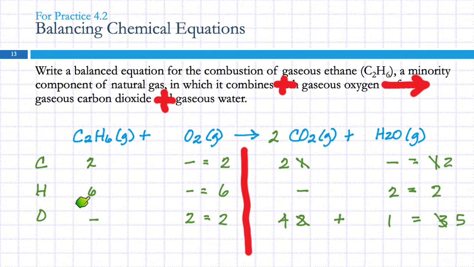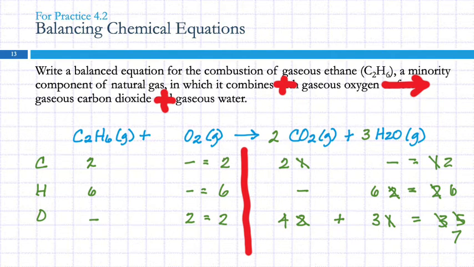Here I've got 6 hydrogens, that's my total, and over here I have 2 hydrogens. How do I make a 2 into a 6? Multiply by 3. So multiply this by 3. So 2 times 3 is 6, and 1 times 3 is 3. So I'm just changing these as I change them. And when I did that, I didn't mess up any of the carbons. So I've got carbon and hydrogen balanced.